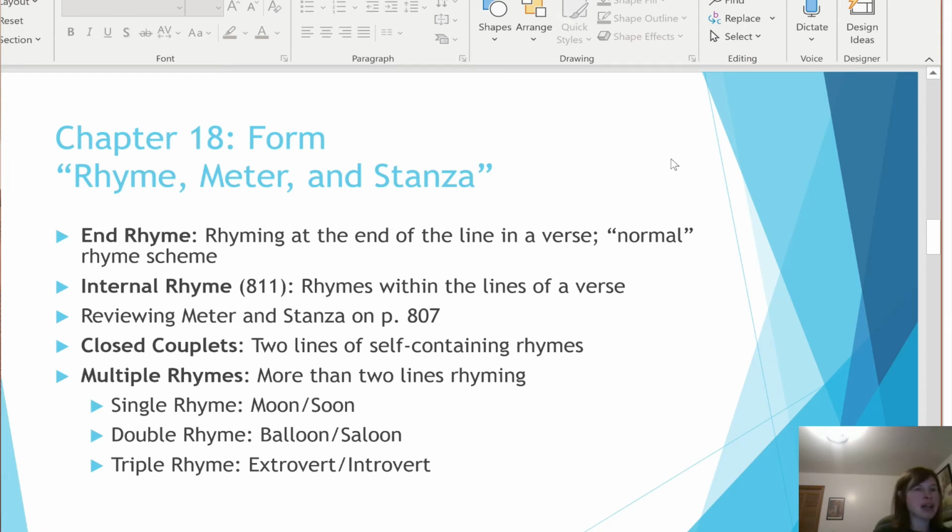Double rhymes is balloon, saloon. And then triple's a little bit harder, but it's 3 syllables. Extrovert, introvert. So I'm going to ask you for some examples of that along with a definition on your exam. So you can come up with whatever single, double, triple rhymes you want as long as you include that example in your actual exam.